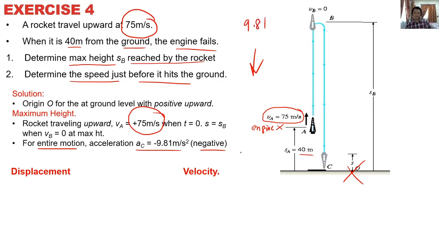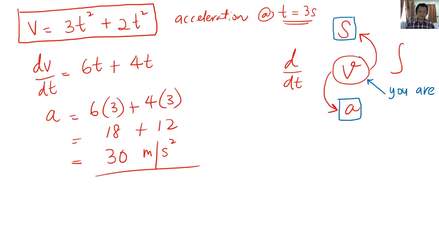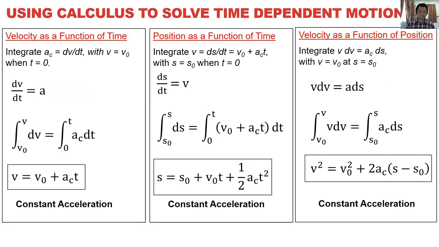So in this case, you can use these formulas that we have derived before. Which formula? This formula, formula number 1, formula number 2, and formula number 3. Why so? Because it's under constant acceleration.